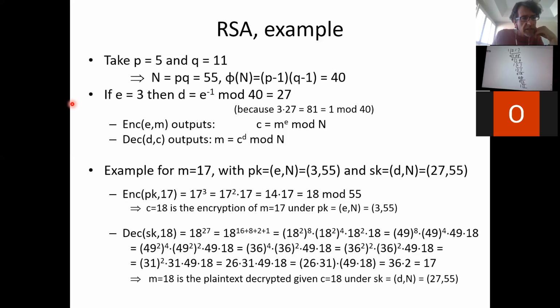Wait, 217 is your input? Yeah, and I want to find its binary string. So I divide by 2, I got 108 and 1 remainder, and so on. So I reverse it from bottom to top, and I got a binary string. And where did you write your answer? It's a draft for the homework.